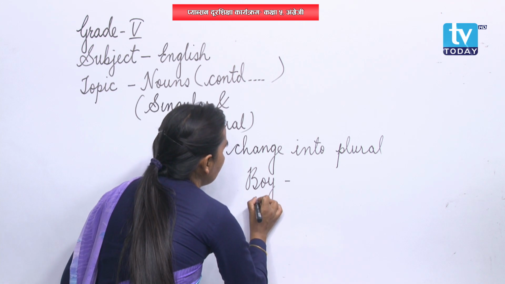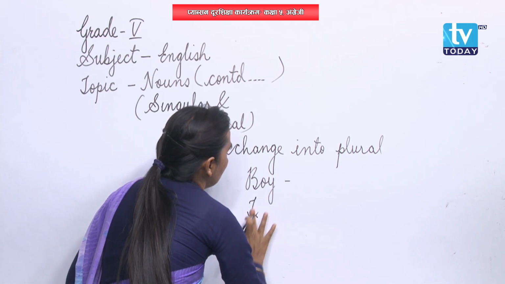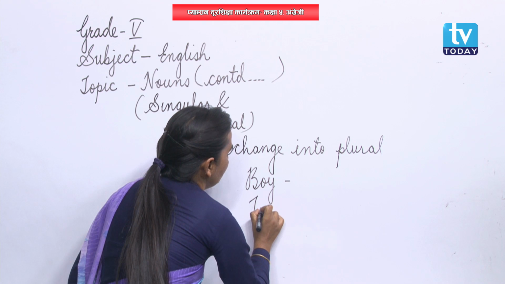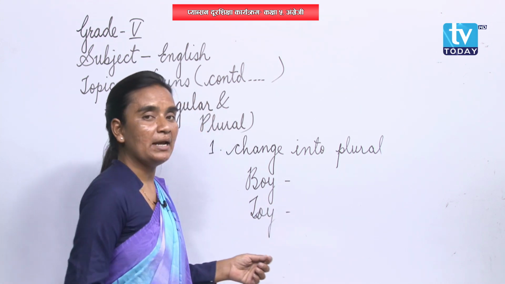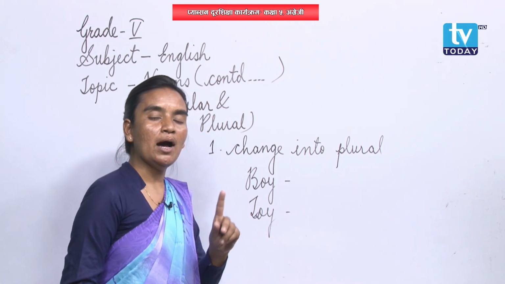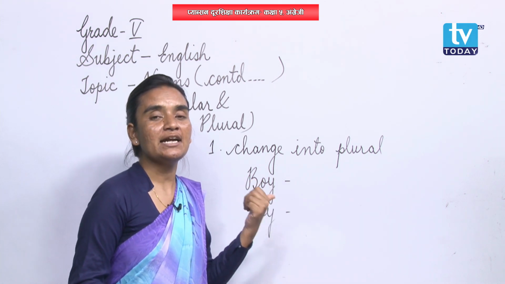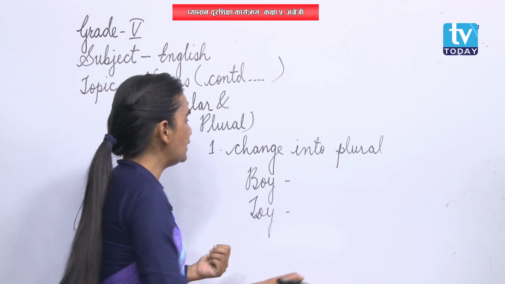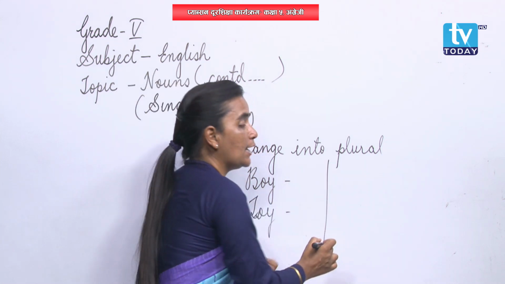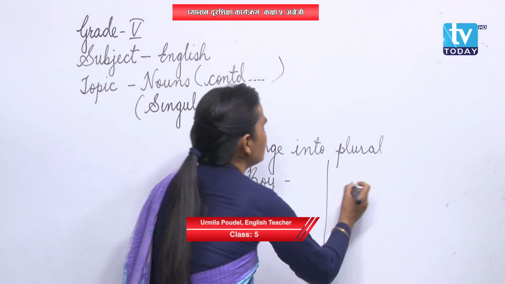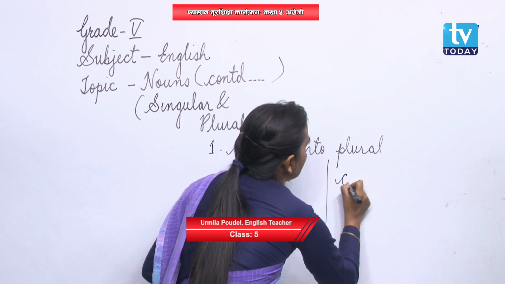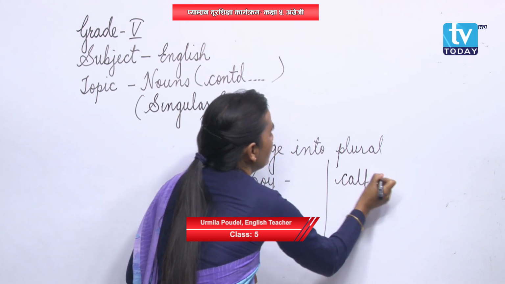And similarly, we have toy. The very common example I have given you at the time of exploring the first rule. The next word I can give you here is CALF, calf.